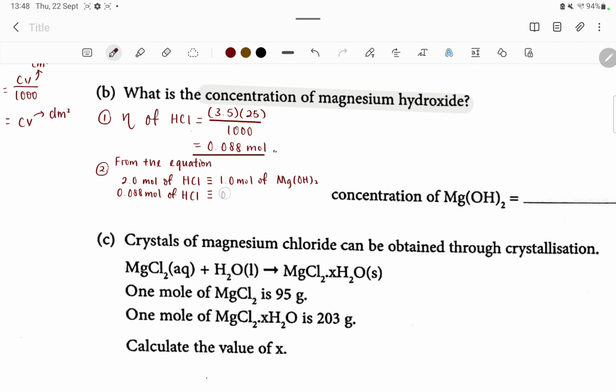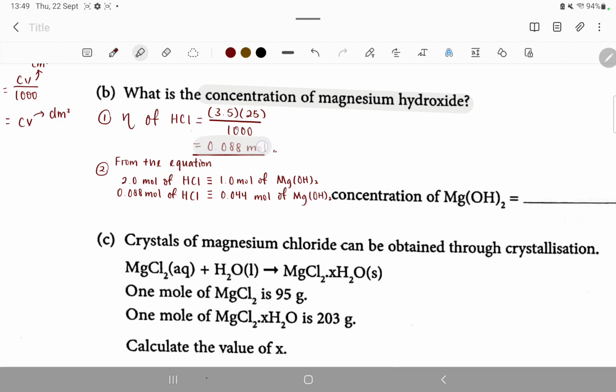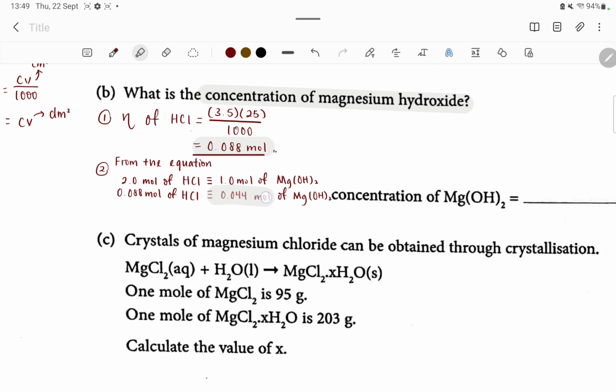This one you should get 0.044 mole of Mg(OH)2. So this one you get 1 mark over here, 2nd mark over here, and then 3rd mark.